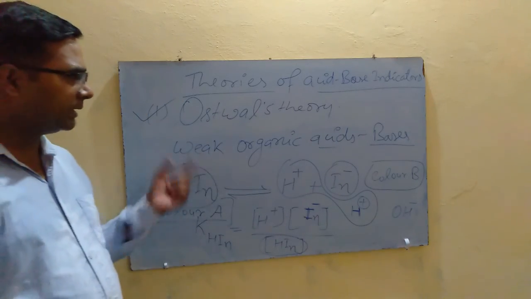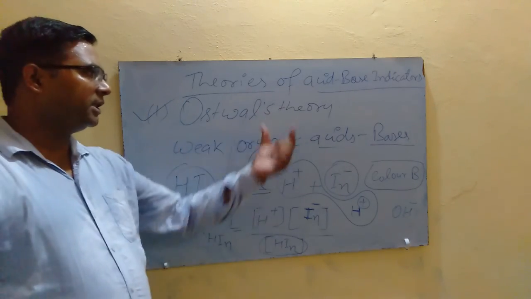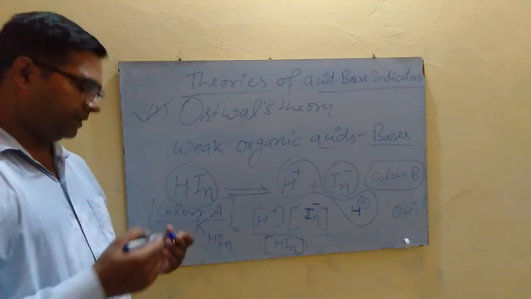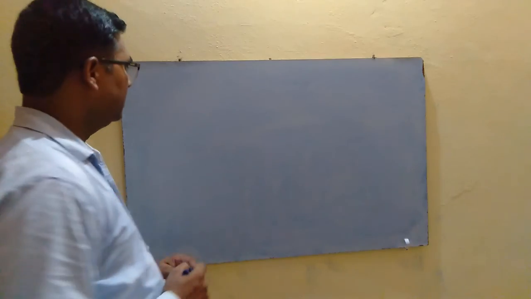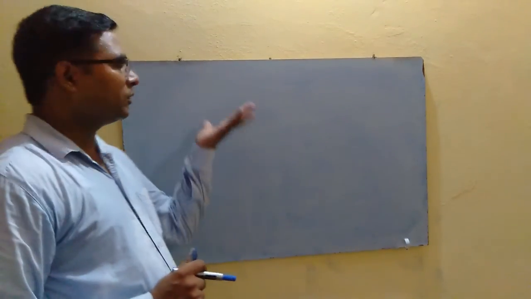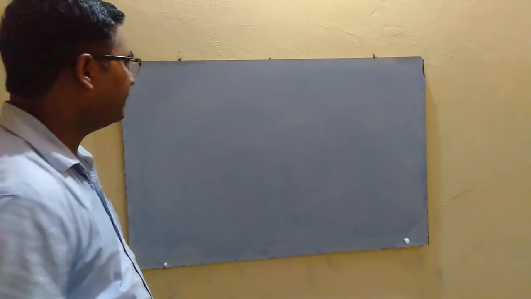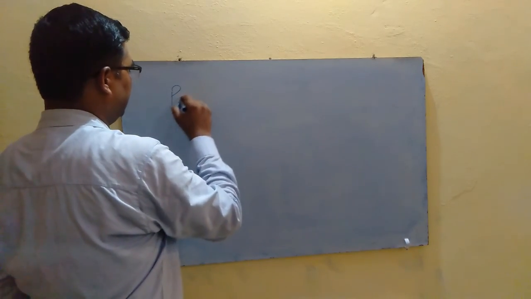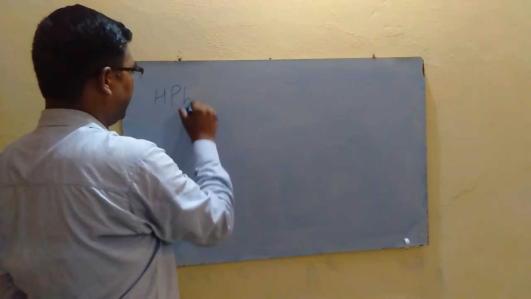So we can understand this Ostwald theory by taking a simple example of phenolphthalein and methyl red. Let us understand the Ostwald theory by taking the example of phenolphthalein. It is represented as HPh.